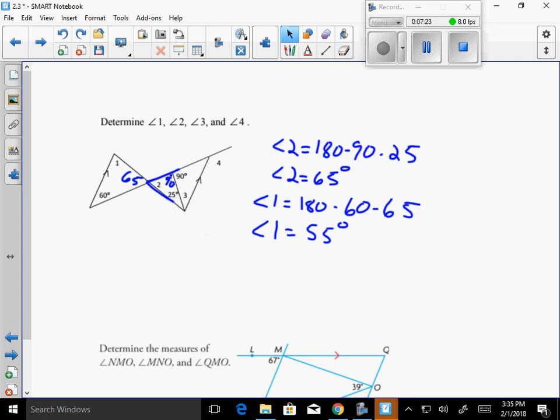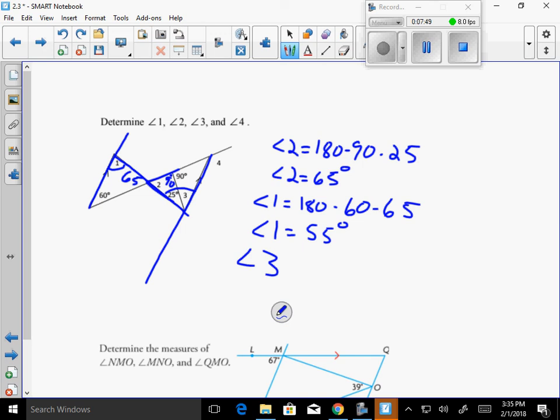Okay. If I look at angle 3, right, if I look here, I have a parallel line and a parallel line. So I need to remember my properties of parallel lines. With this transversal here, angle 1 and angle 3 are going to be alternating interior angles.